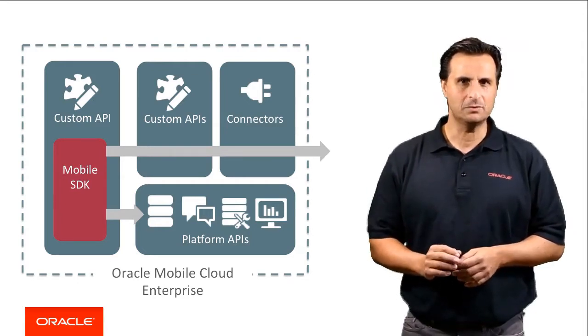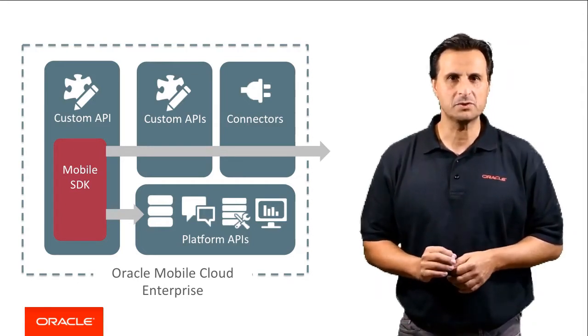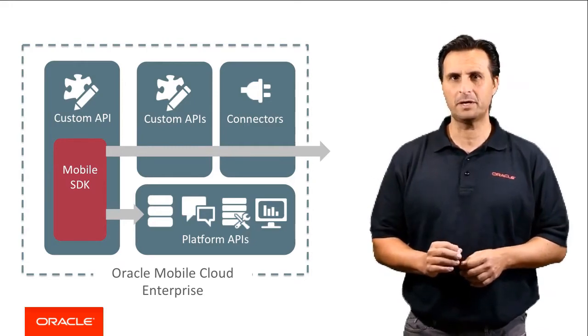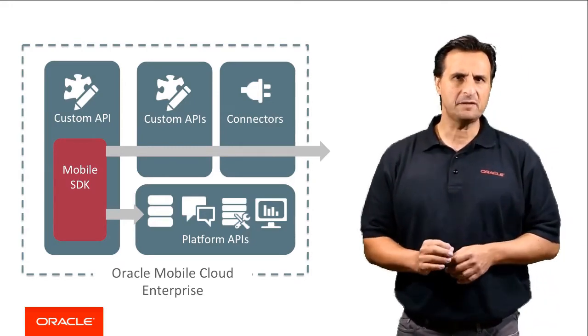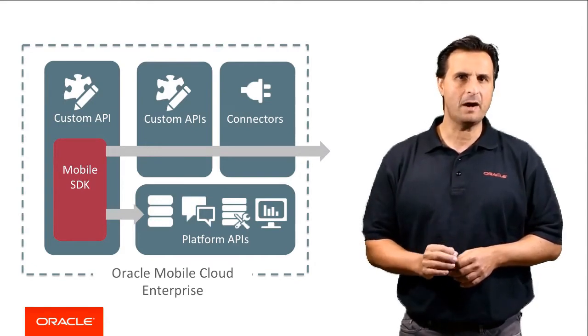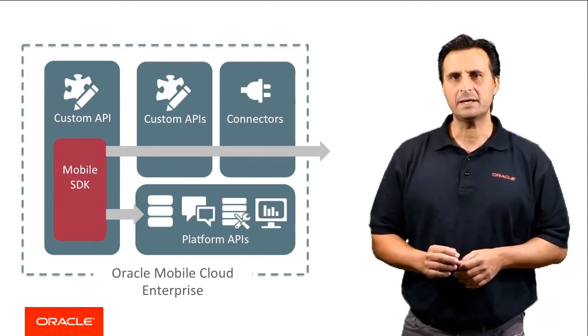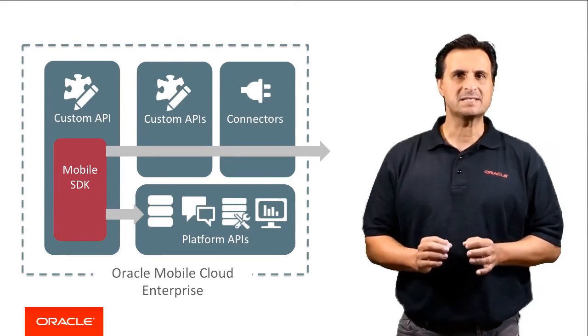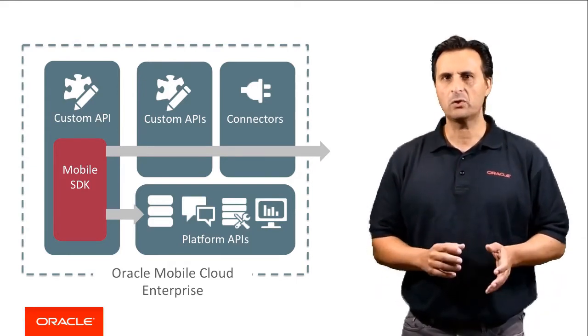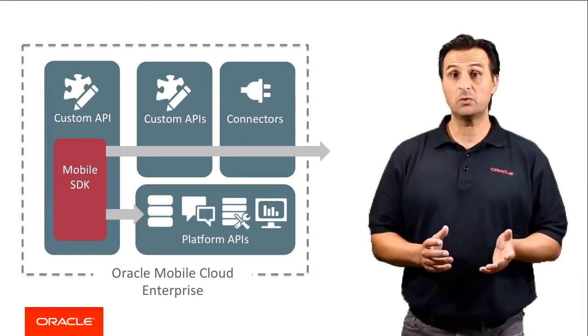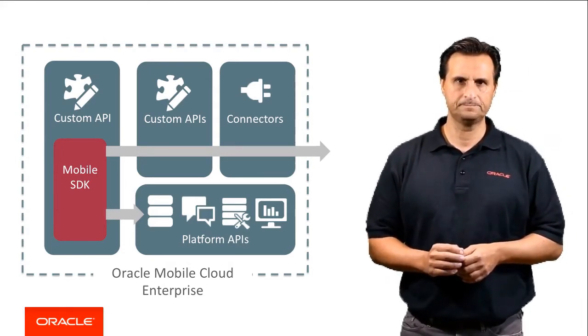And just to remind you that bot custom component services in Oracle Mobile Cloud Enterprise are custom APIs. Besides giving you access to a custom API and connectors, the Mobile SDK also provides a function to access Oracle Mobile Cloud Enterprise platform services like analytics, logging, storage, database, notification, and others.